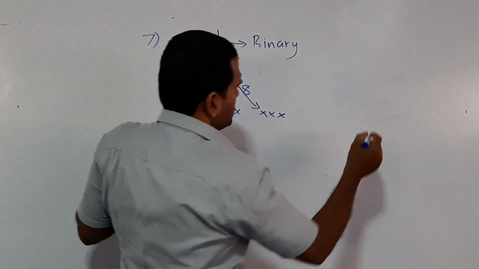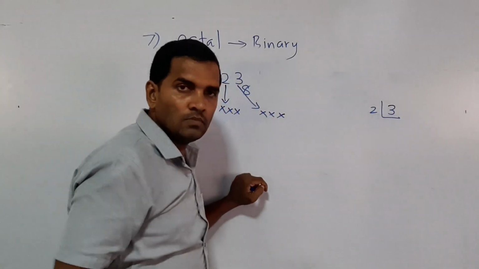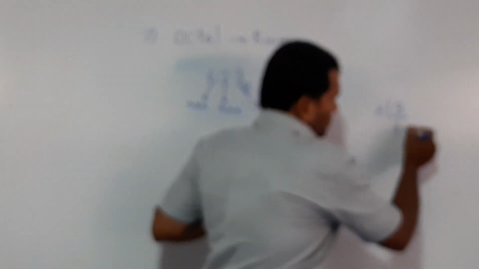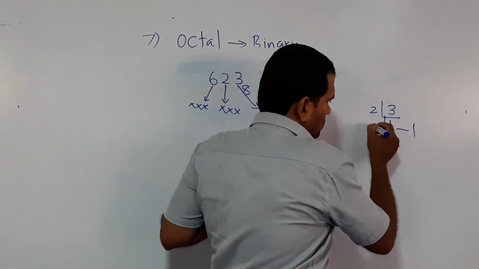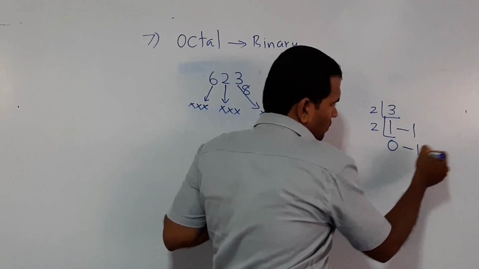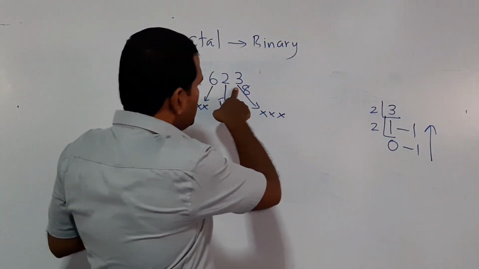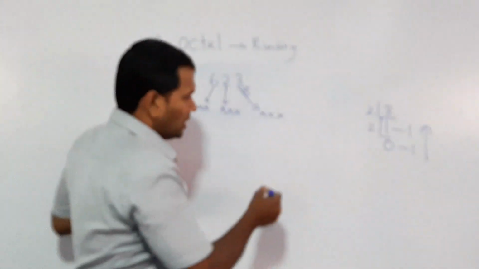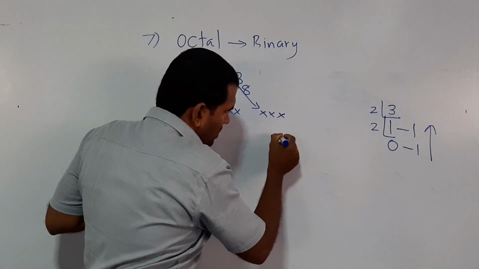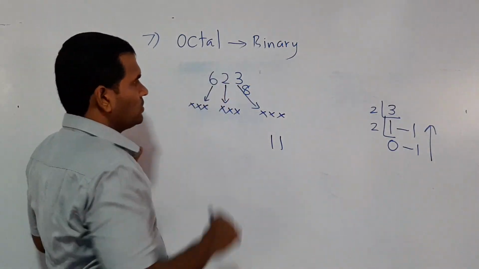First of all, I have to take 3. So convert this: divide 3 by 2. 1 time, 1 remainder. Further divide: 0 times, 1 remainder. So this octal digit 3 is represented by binary digits 1, 1. Right? Let's go to the second one.